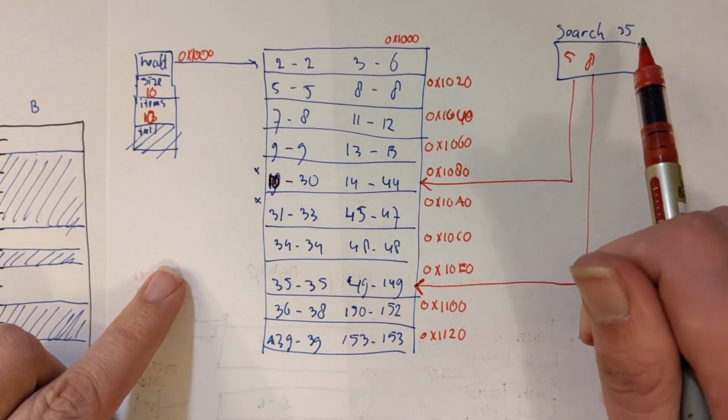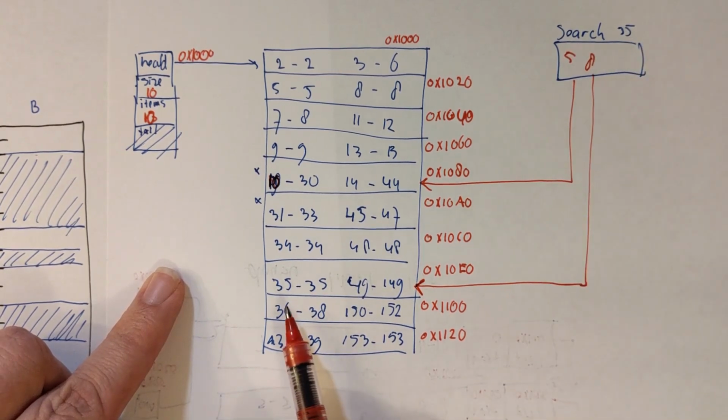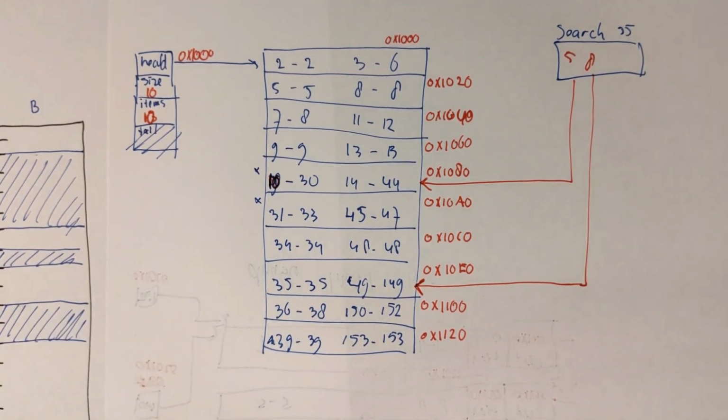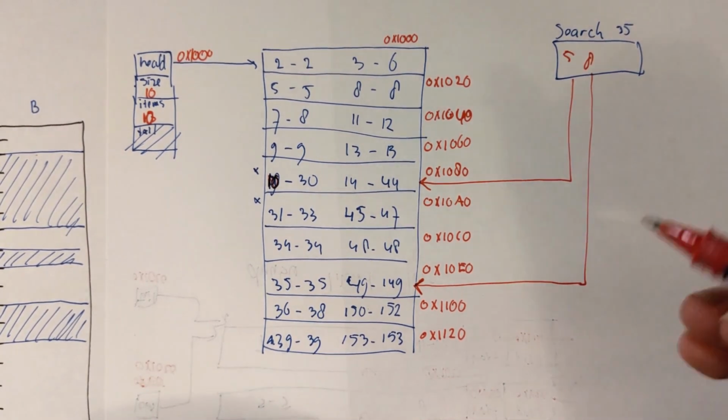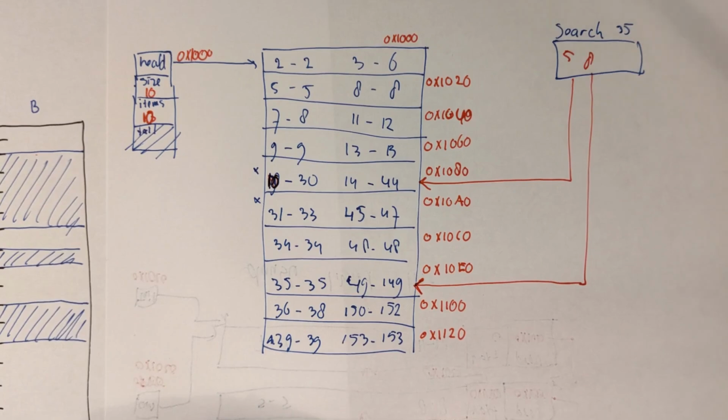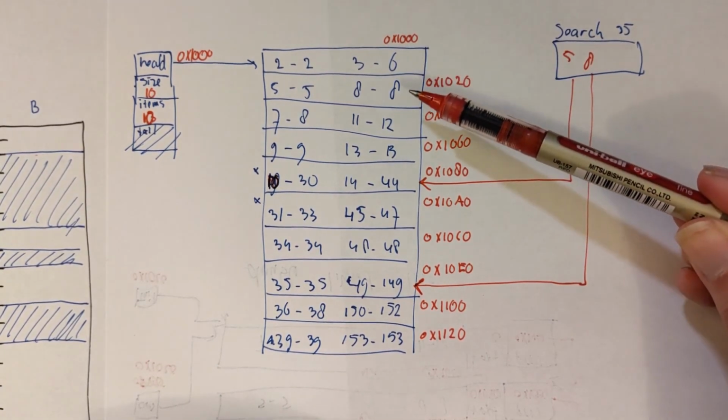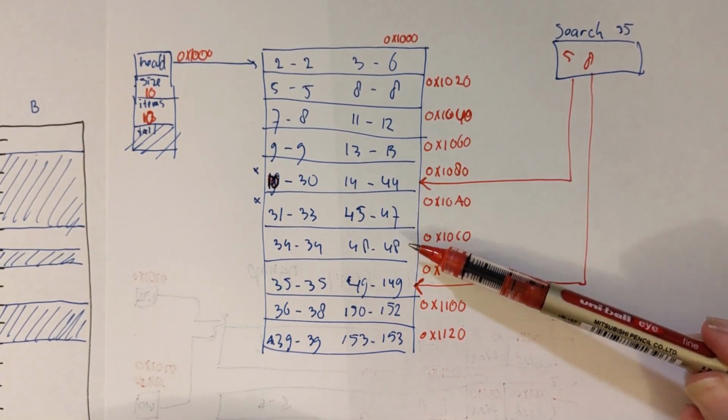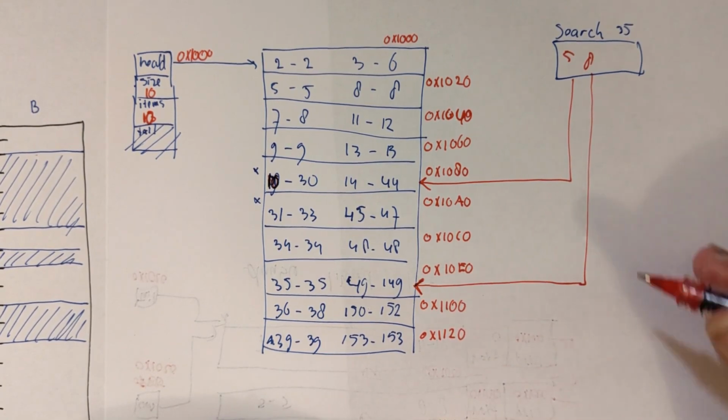Then I match my starting number with this range, which is 35 to 35, and I found this on the second go. So it only takes me 2 attempts instead of having to start from the start, where it would take me 1, 2, 3, 4, 5, 6, 7, 8. So that's a lot faster.